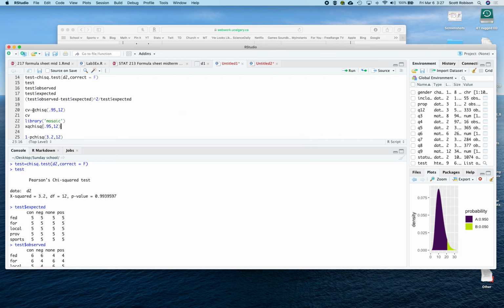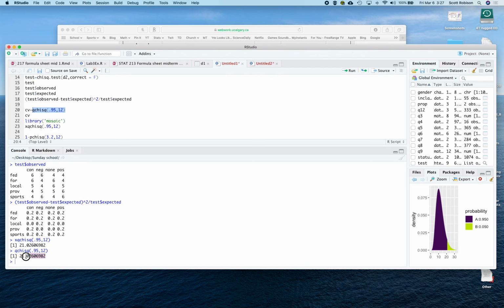Okay, so if you don't want to use mosaic, which you don't need to, the only reason I used mosaic was just to get that nice picture. You can just use qchisq, so where the cumulative area is 95% and the degrees of freedom is 12. Let me just highlight this and run the code.